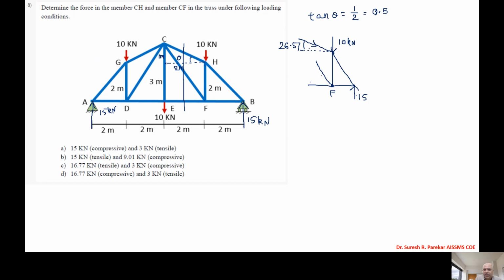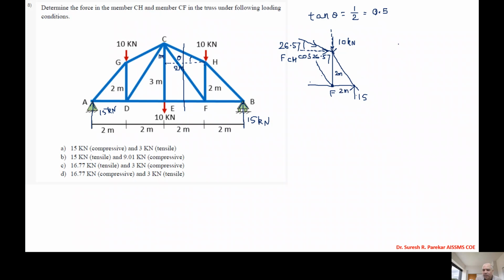So 26.57 we have, and now we will take moment about this, and we have two components. One will be horizontal, another will be vertical. And the vertical component will pass through F. So we have to consider only the horizontal, which component will be cos. So we have FCH cos 26.57, and this distance is 2 meter. We have this distance also 2 meter.